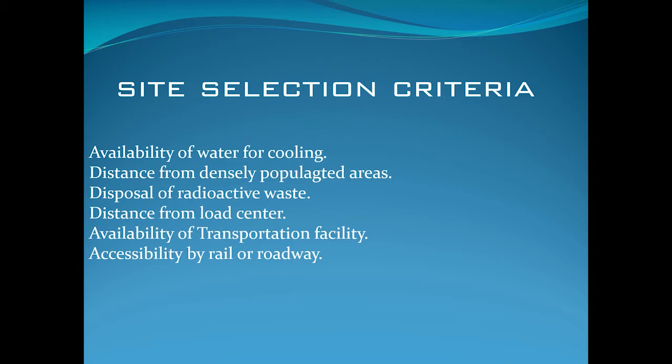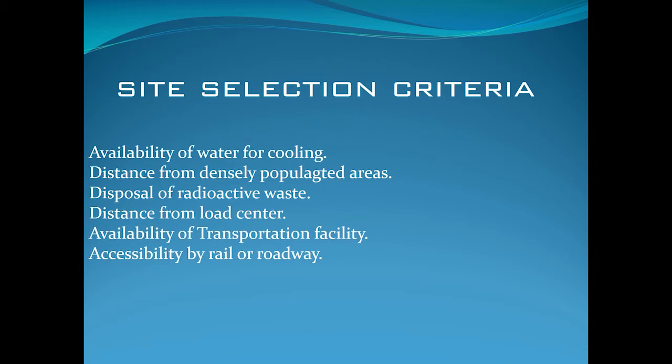If the distance from the load is quite high, then the power transmission losses are quite high. Availability of transportation facility for nuclear fuel and for the transportation of maintenance and operating personnel. Accessibility is also an important concern as it connects the nuclear power plant to the external world through rail and road.